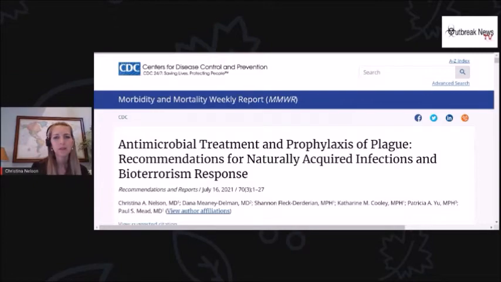Yeah, so the rationale, first of all, the most recent guidelines before these were published were released in 2001. So the guidelines were 20 years old, and they were very comprehensive guidelines and very useful for many years.